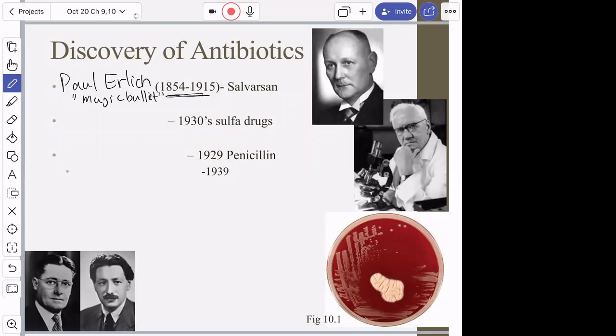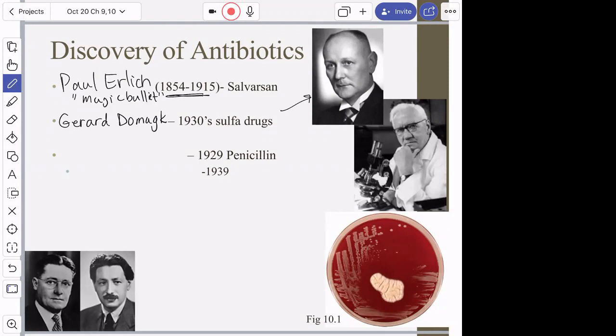Then really no other chemicals were found to be effective against infectious disease until the 1930s, when Gerhard Domagk, another German scientist, and this is him right here. That's the picture I added. You can just tell that he's German just by looking at him. I don't think that little mustache is ever gonna come back in fashion.